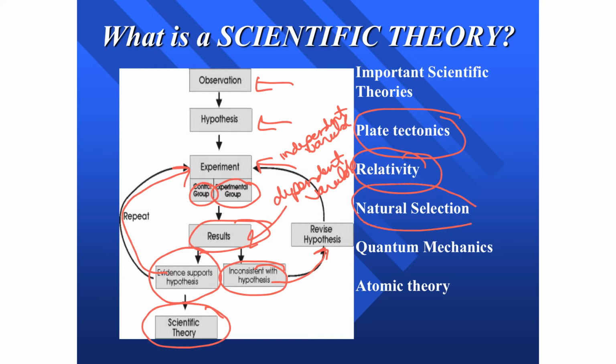The theory of natural selection, which is also called the theory of evolution, gives us a well-supported theory about how living things change over time in response to their environment. We have the theory of quantum mechanics, which is a crazy mathematical model that helps us to explain the way that atoms behave. And then we have the atomic theory, like what an atom looks like. And that's what we're going to talk about in this lecture.